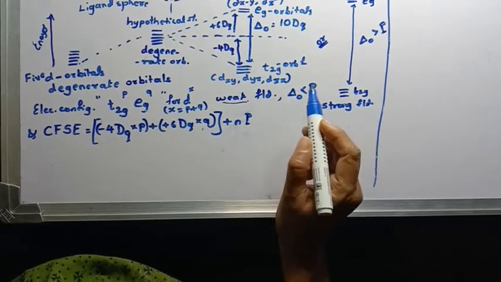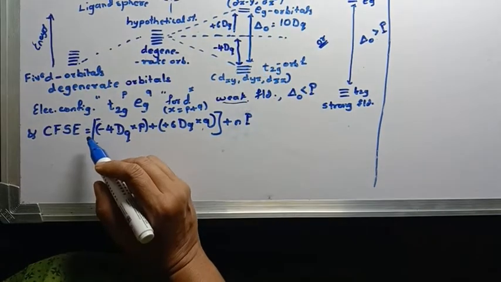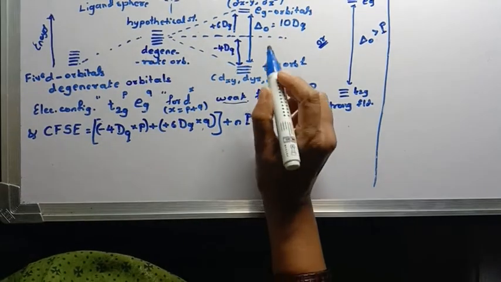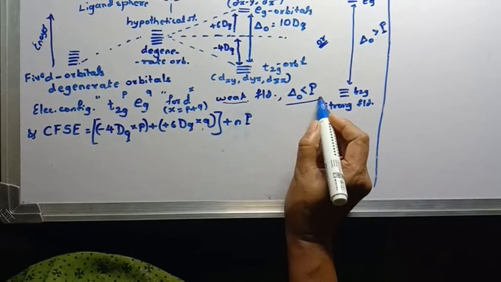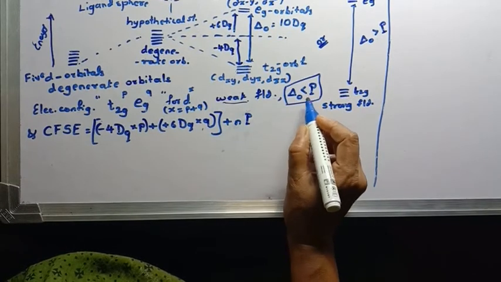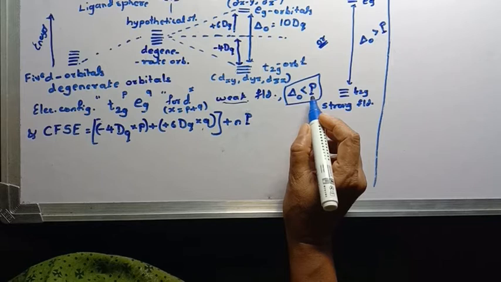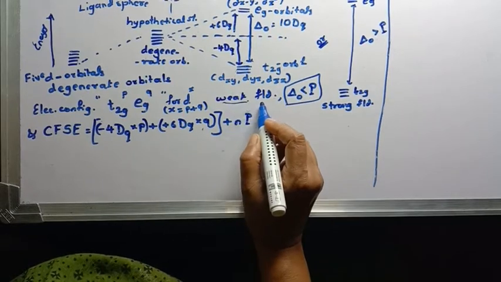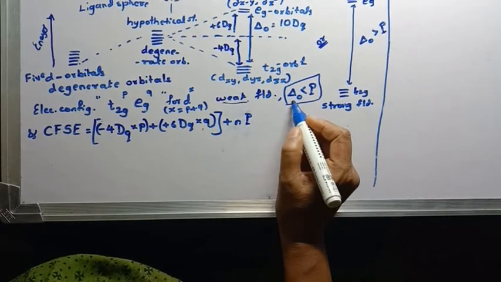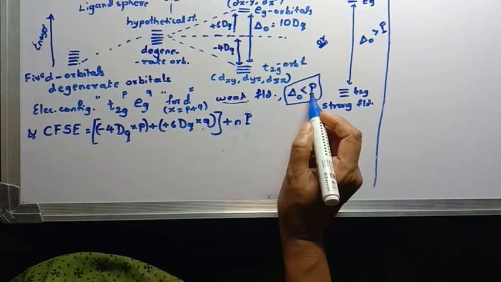While calculating crystal field stabilization energy, the relation between delta O and P is important. If it is a weak field ligand, then delta O is less than capital P. P is nothing but the energy required to pair up the electrons.